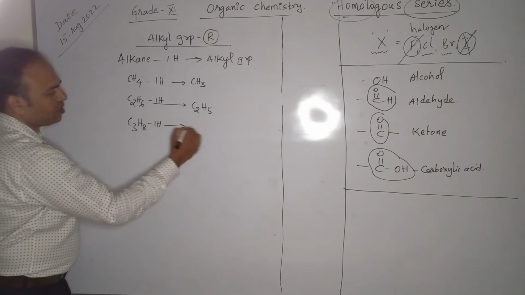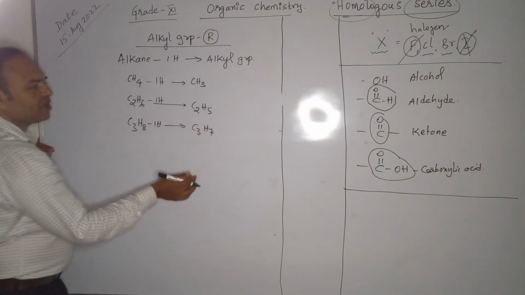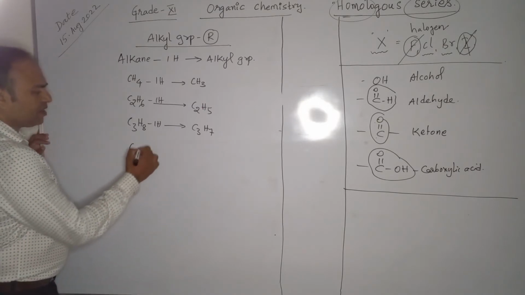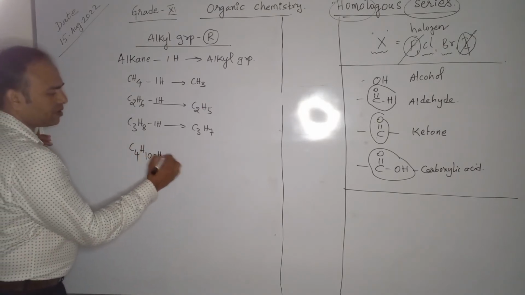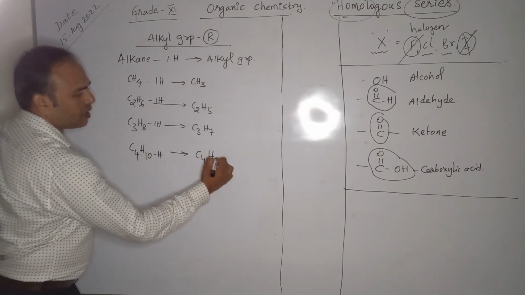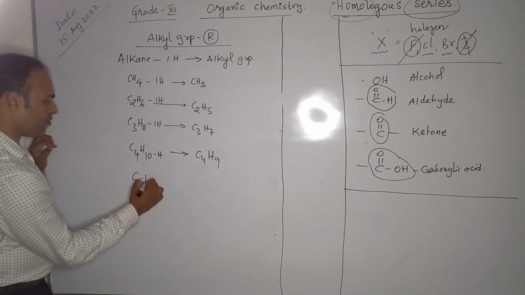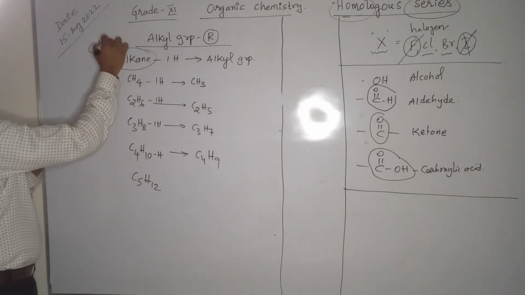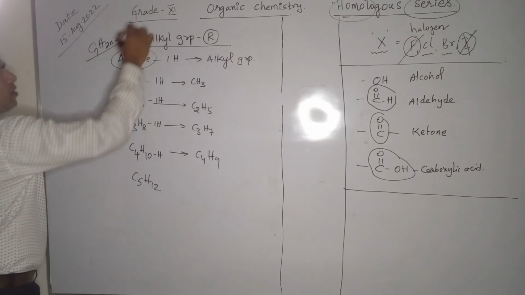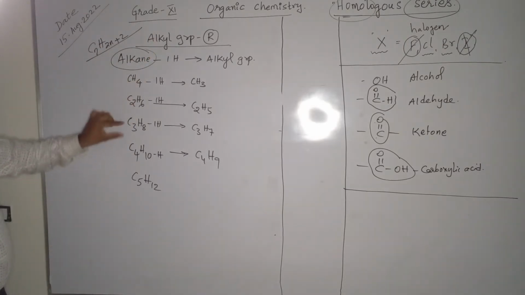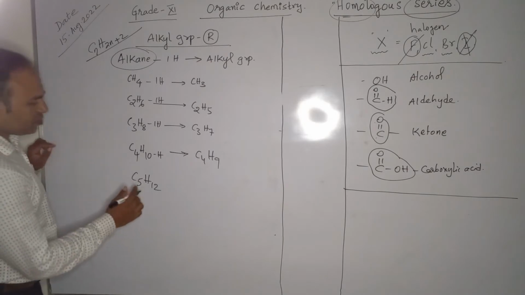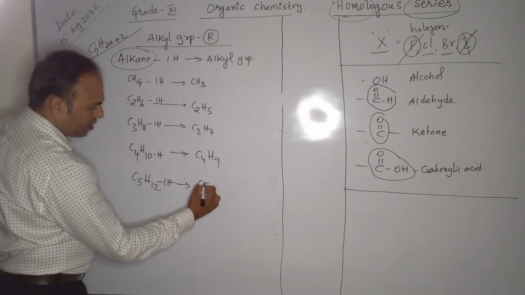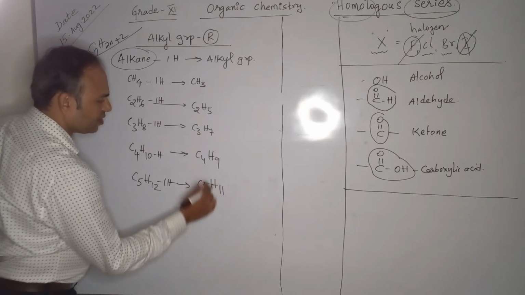Minus 1 hydrogen gives C3H7 and so on. If you want the next one, C4H10 minus H gives you C4H9, C5H12. You know very easily, no? Alkane you have written CnH2n plus 2, the general formula you yourself calculated. Next one, minus 1 hydrogen gives C5H11.